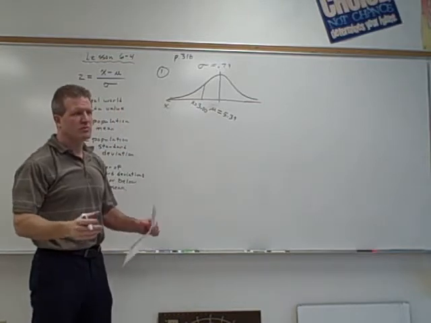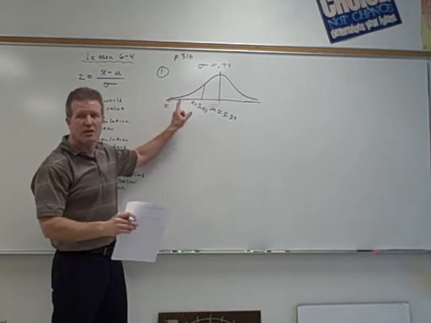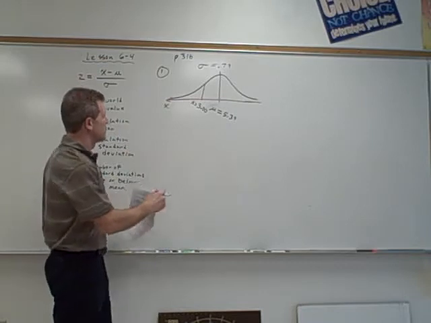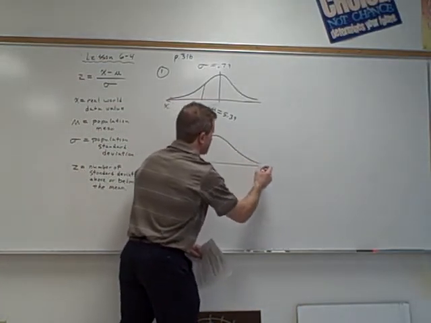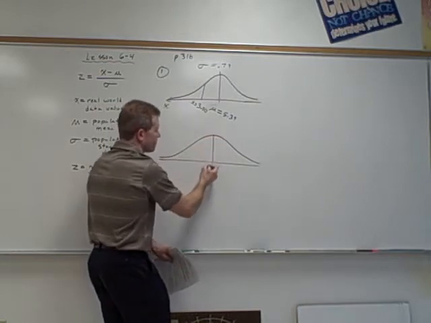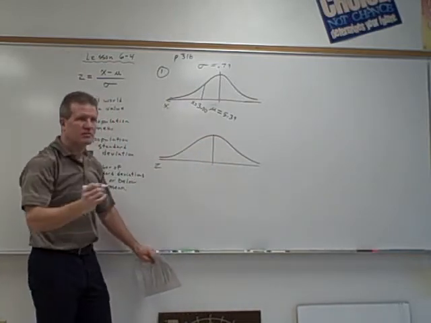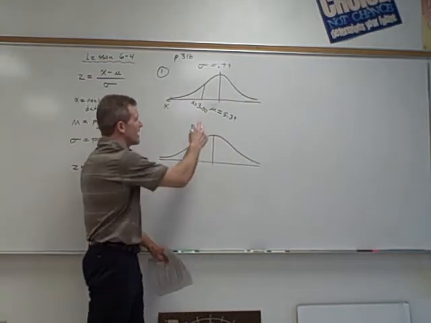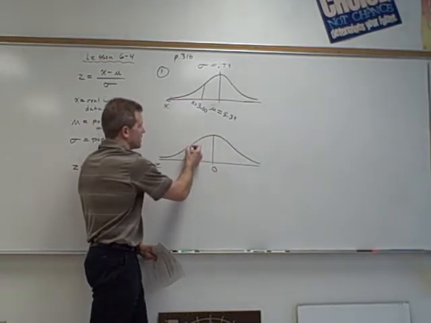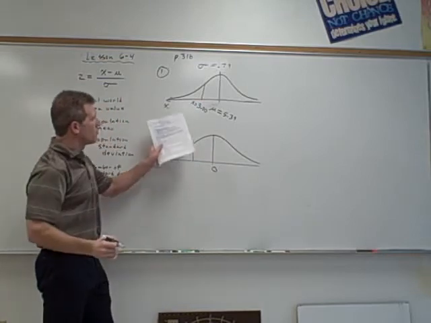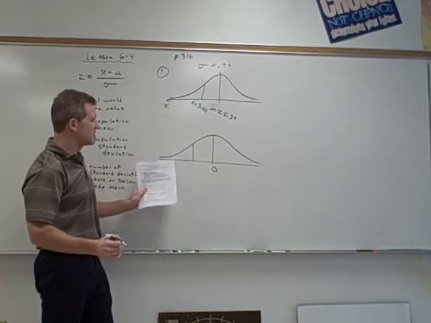So what we want to do is transform this normal distribution into a standard normal distribution. Now a standard normal distribution doesn't use x on the horizontal axis, it uses z. And z-scores, remember, are the number of standard deviations from the mean. So if you're at the mean here in the middle, your z-score is 0. $3 is out here somewhere. We need to transform that x-coordinate into a z-coordinate.